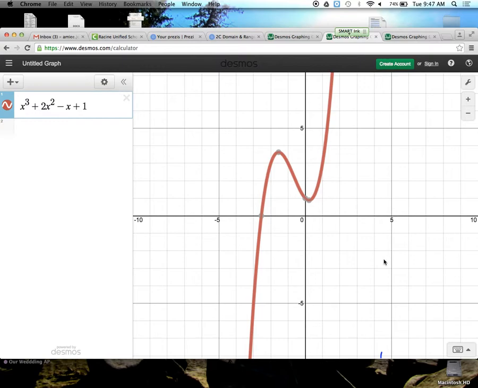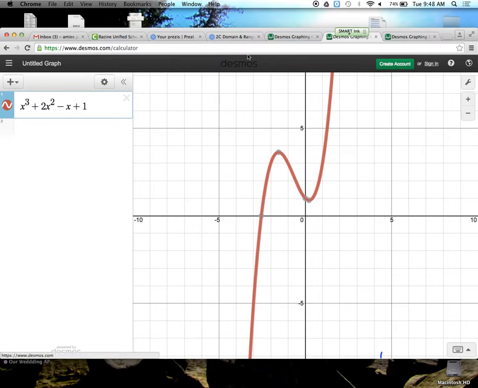So once you've got it, go ahead and sketch it, and then think to yourself, okay, what are my x values? Is there anything that x can't be? And then what are my y values? Is there anything that my y can't be? Did you guys sketch it already?